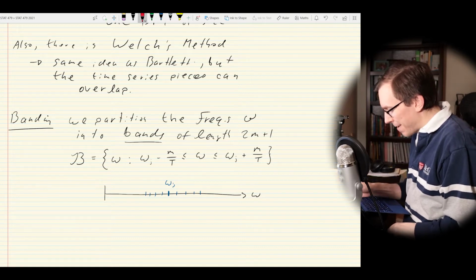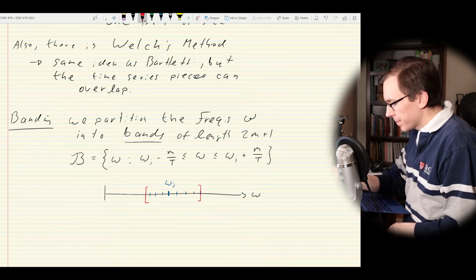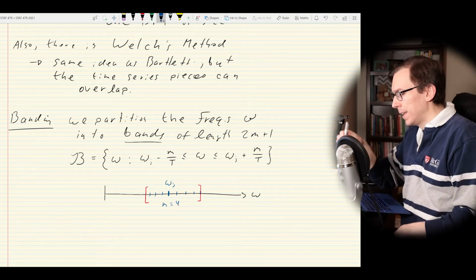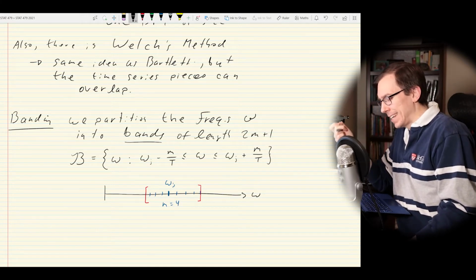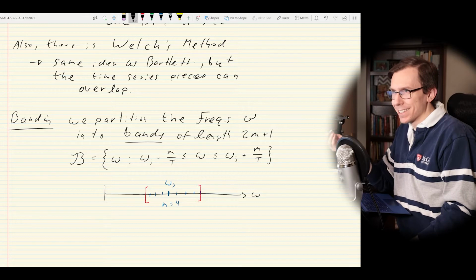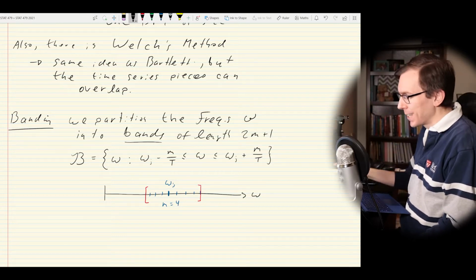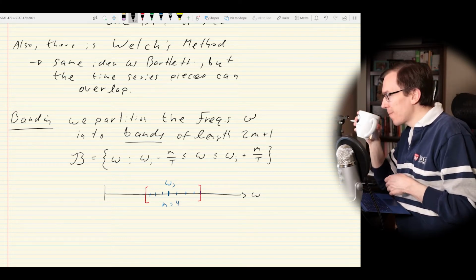And then I have my band of frequencies. In this example, m equals 4. So remember, all the frequencies we're looking at are going to end up being discrete, in the sense that we can't estimate the periodogram for any given frequency, but just the ones corresponding to the sample size, capital T. Of course, we can always interpolate and things like that, but in this case, this is what we have.